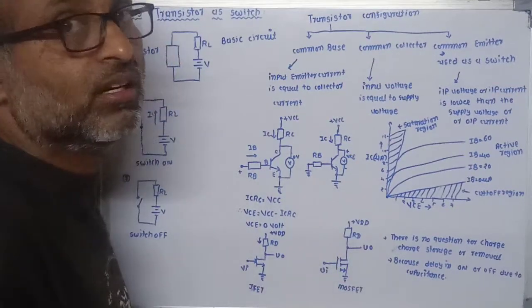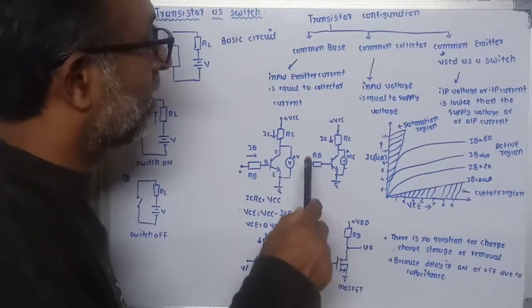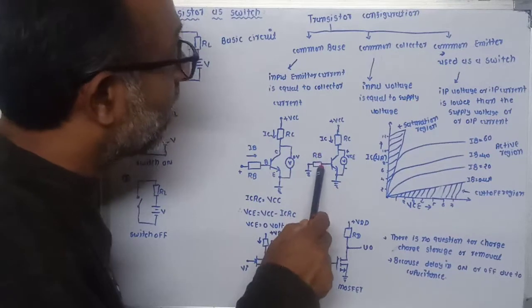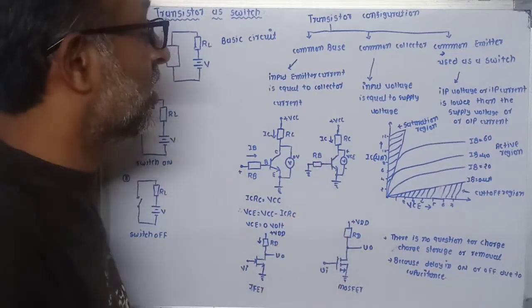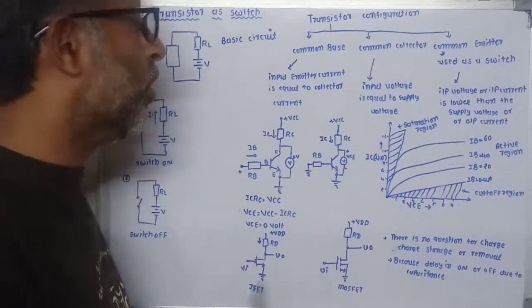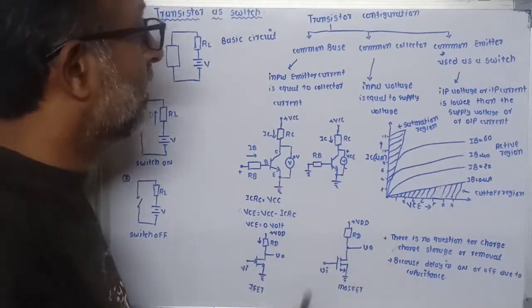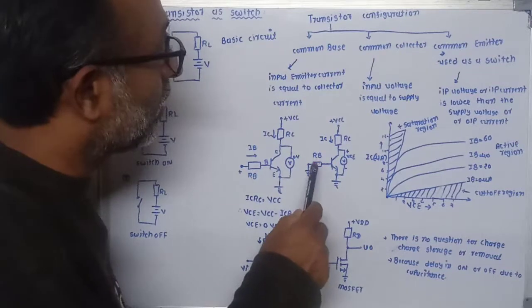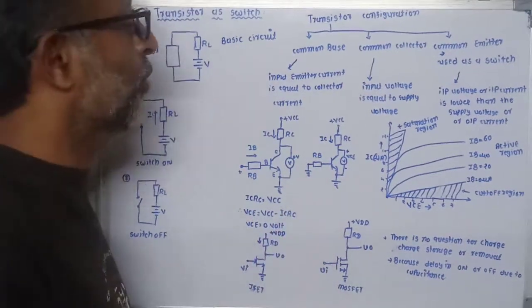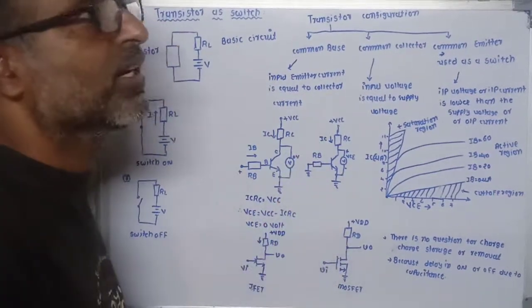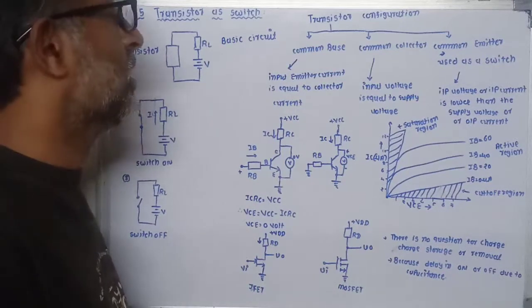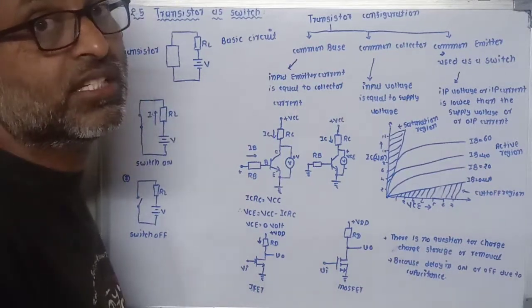Next, you can see this figure. When the base of this NPN transistor is connected to ground, or reverse biased, at that time the base current becomes zero. Due to this, the collector current also becomes zero except for the leakage current ICO.